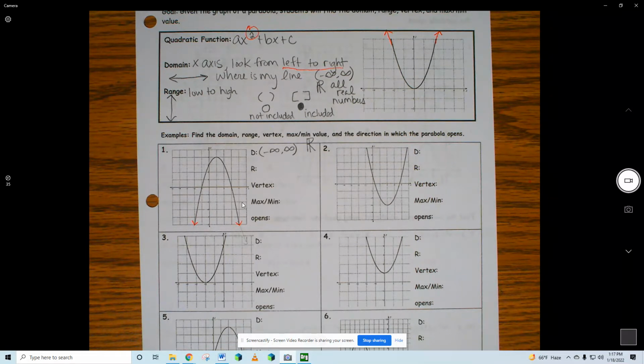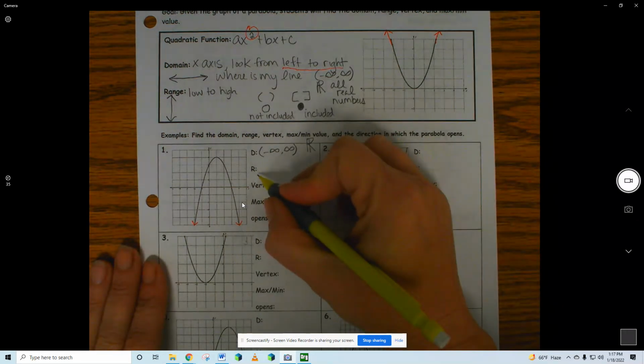And here, and here. And tell me where it stops. It stops here. What is this at? 1, 2, 3. It's at 4. It's actually touching the line at 4. 1, 2, 3, 4. So since it's touching at 4, it stops at 4.